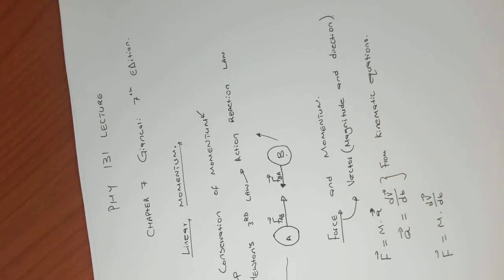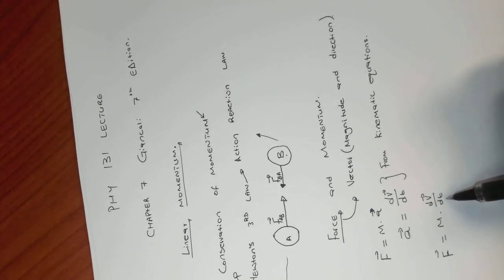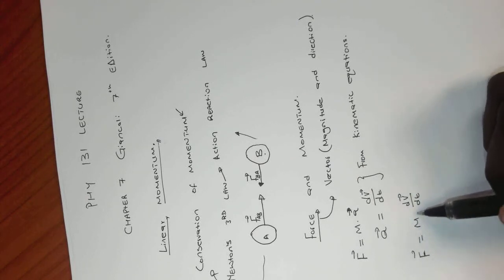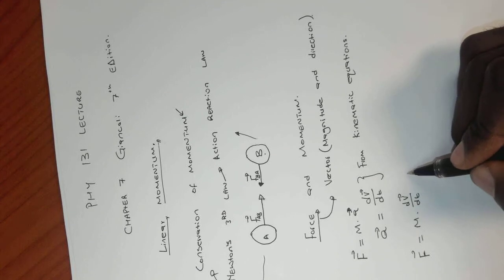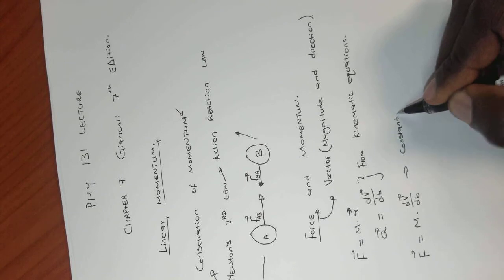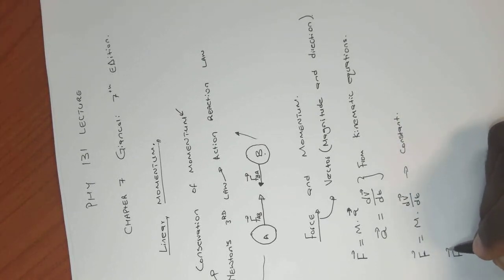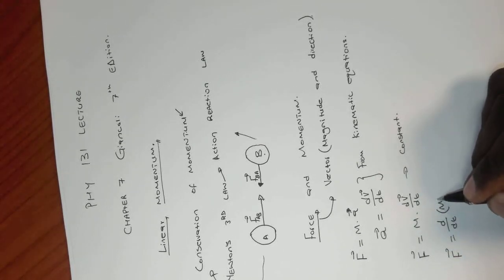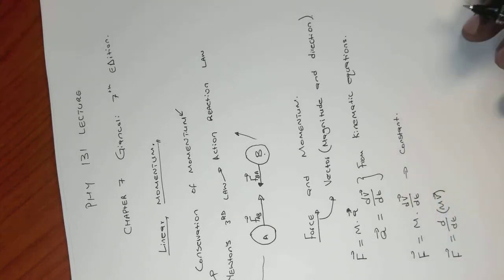This is also a vector. Assuming that you're applying a force F to this object with mass, there will be a change in velocity over time. If you apply the force and the mass doesn't change, we assume that the mass is constant. Therefore, we can rearrange this formula as F equals d over dt of m multiplied by v.